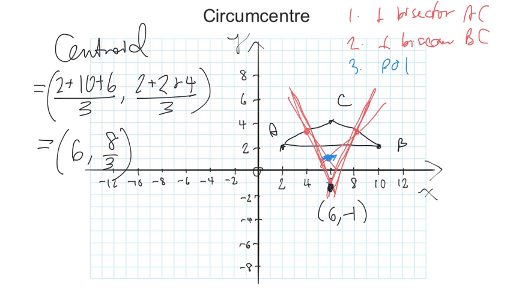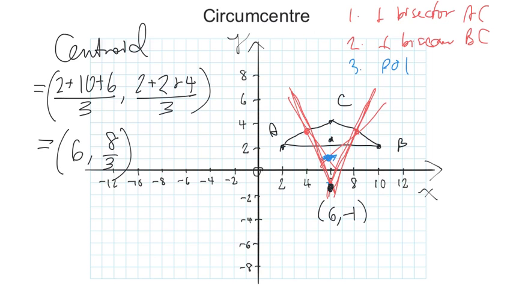So even though they have the same x value, they don't have the same y value. My centroid in this case would be kind of there. That would be my center of mass. So they're not the same, and in general you'll find that's the case. There are a few special circumstances, but not particularly many.